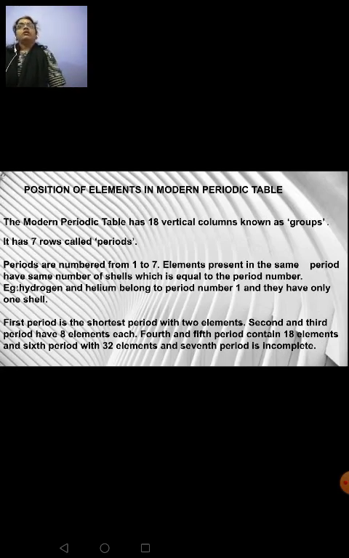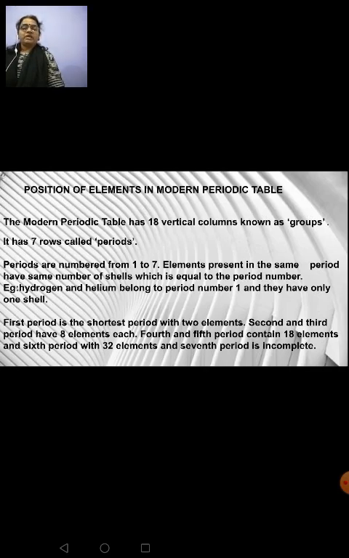I said the modern periodic table has 7 periods, and the period number tells you the number of shells around that element. If the period number is 1, the elements coming under period 1 are hydrogen and helium. So they will have only one shell around them.